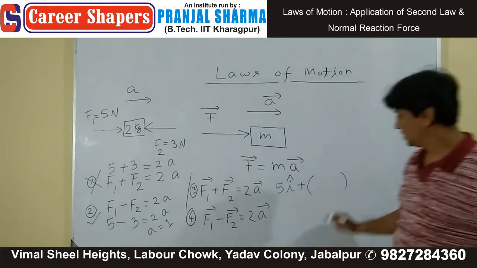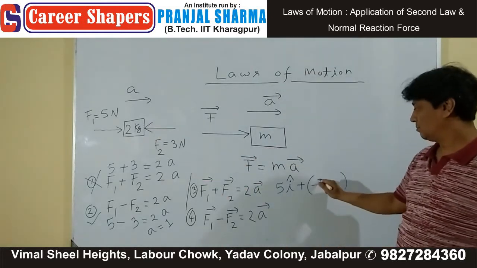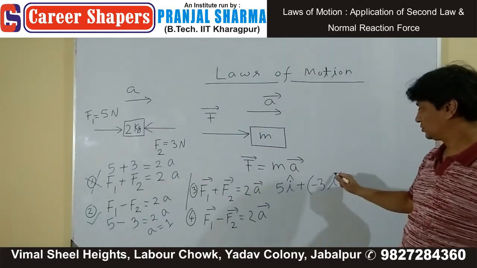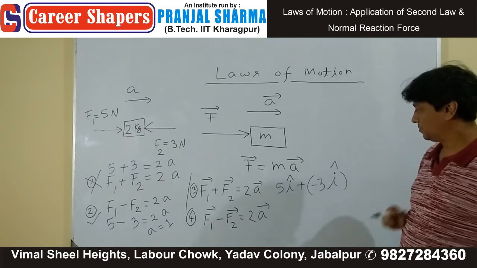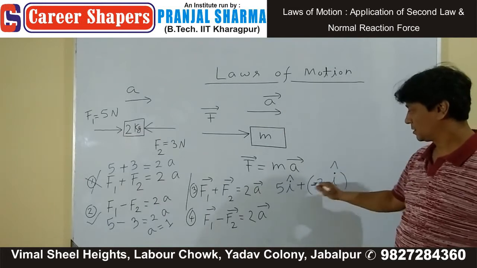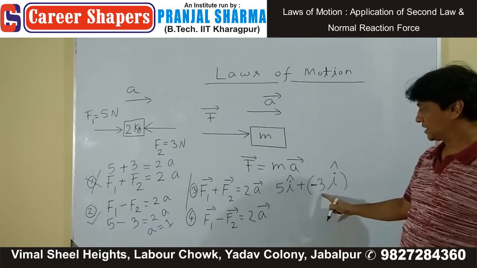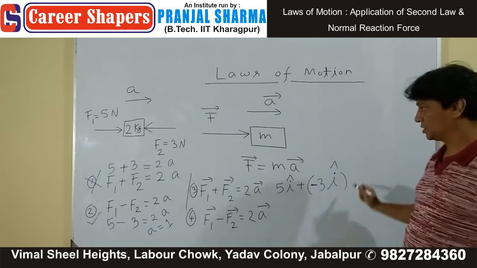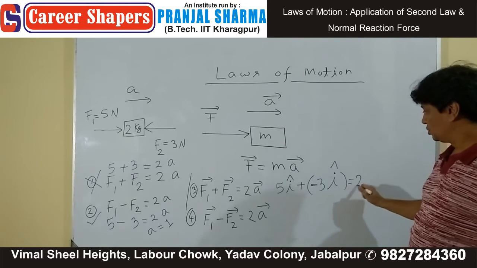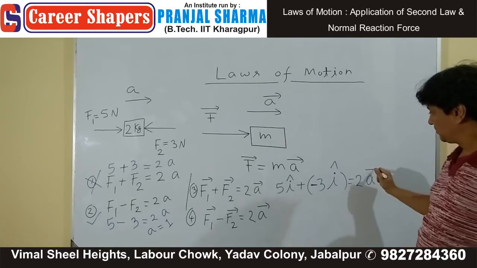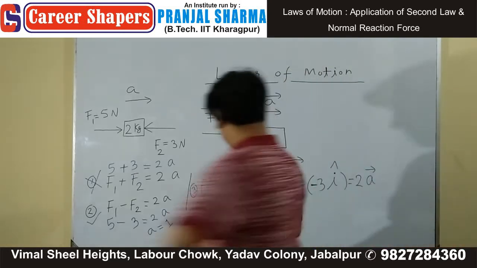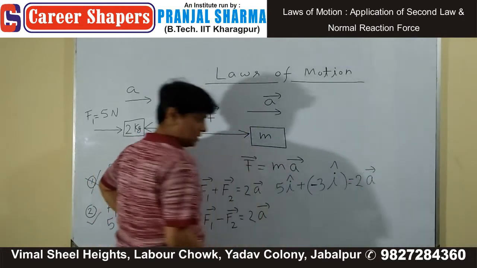Minus i cap. Minus of 3 i cap. 3 is the magnitude and minus i cap is direction, which is 2a.